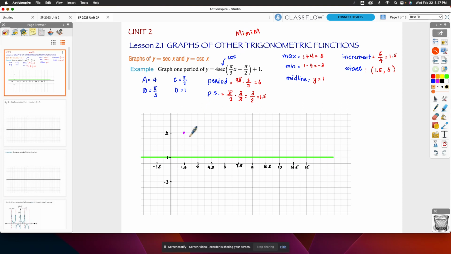So maximum, intercept, minimum, intercept, maximum, remember this, intercept, minimum, intercept, maximum, intercept. Okay, we can stop right there. And here we go the other way. Okay, so graphing this is what we got. Let me use a different color. So remember, this is the graph of the cosine function.